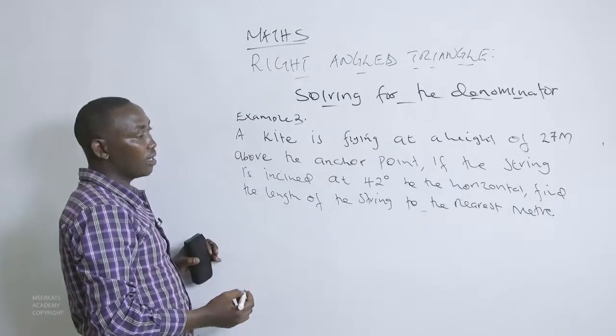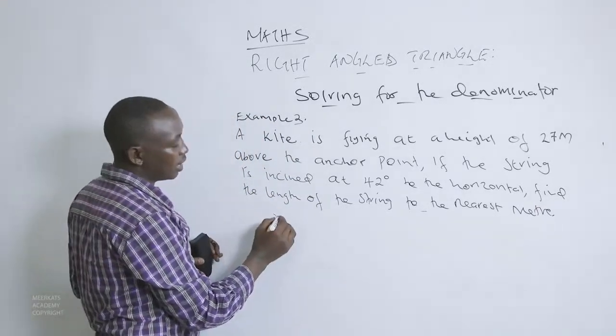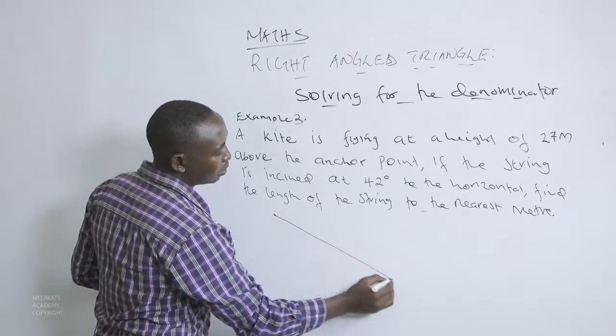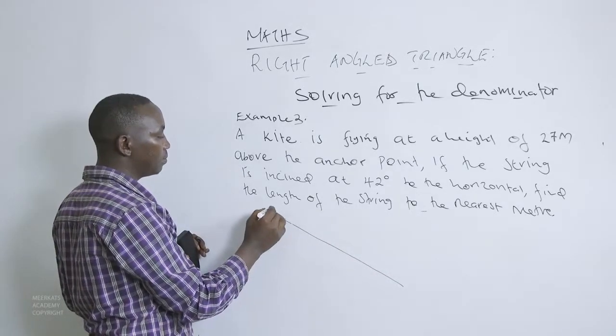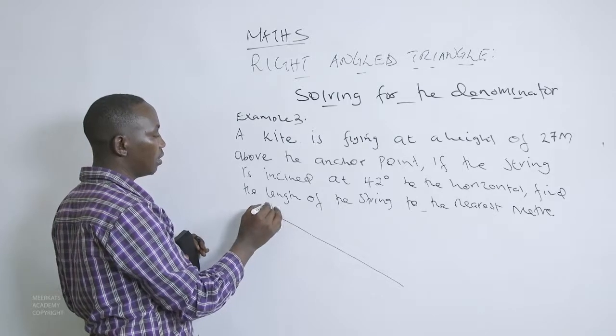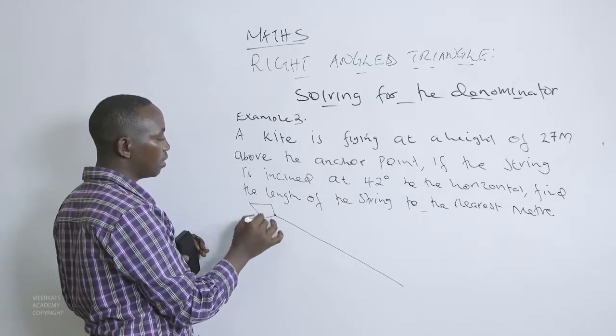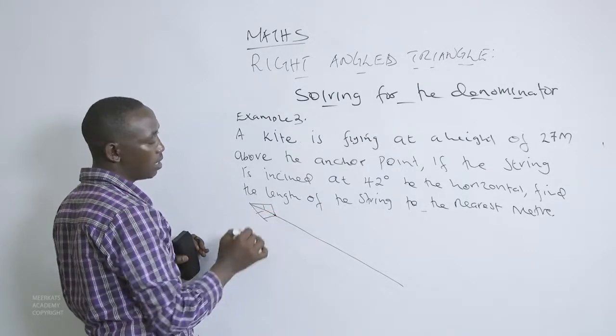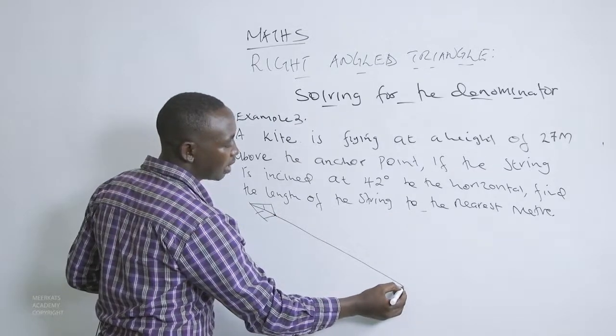Now we have a kite that has been inclined to some string. So this is our kite, being inclined to some string.